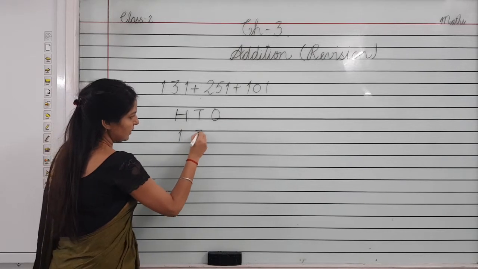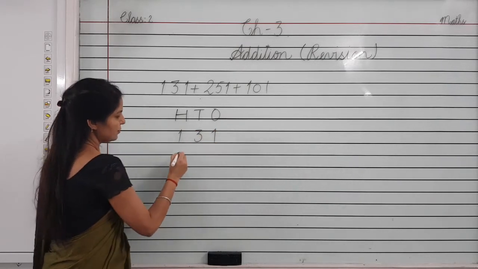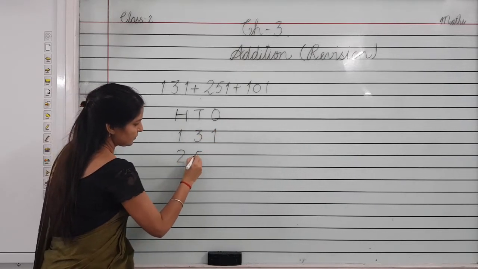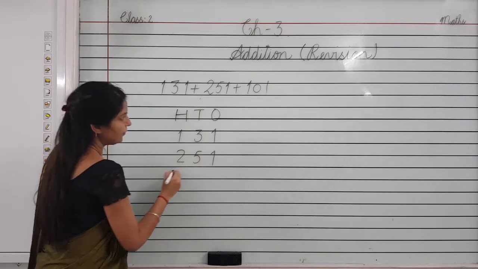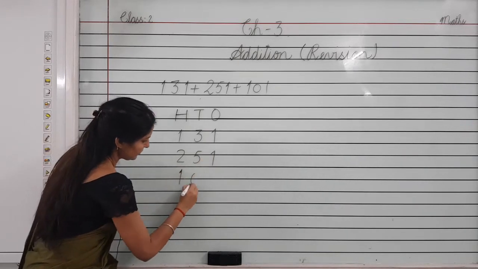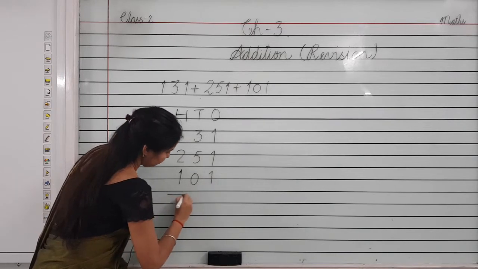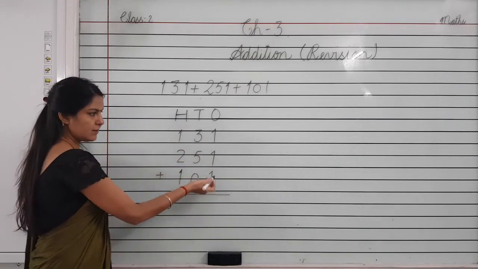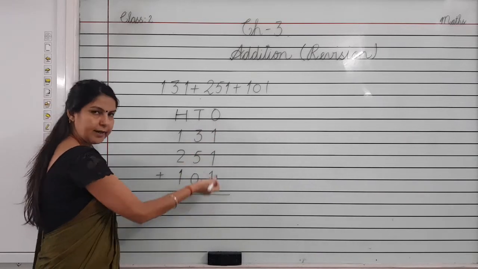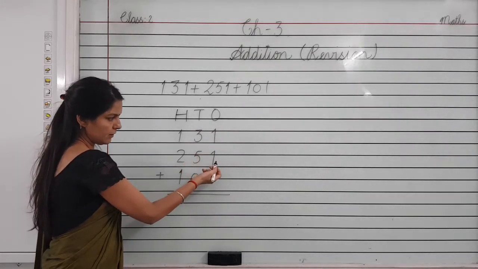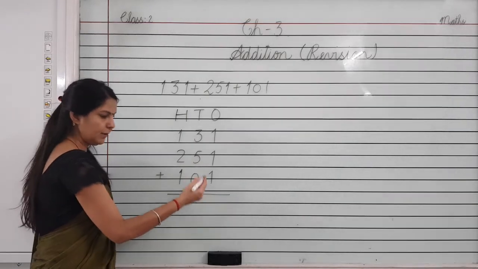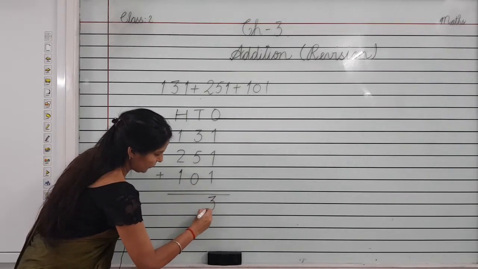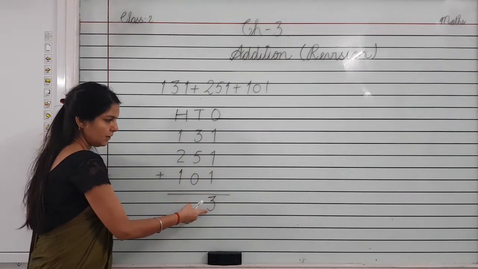131, 251 and 101. And sign of addition. Now we will add these digits first of all, because these all are at ones place. 1 plus 1, 2, 2 plus 1 will be 3. And we will write under the ones place.